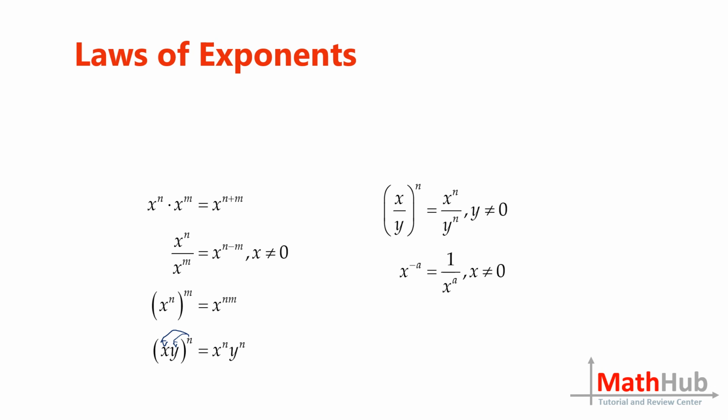One more thing, what is this saying? If you have a number raised to a negative exponent, what you do is you just put the base in the denominator and then change the exponent into its positive counterpart and then a 1 in the numerator.